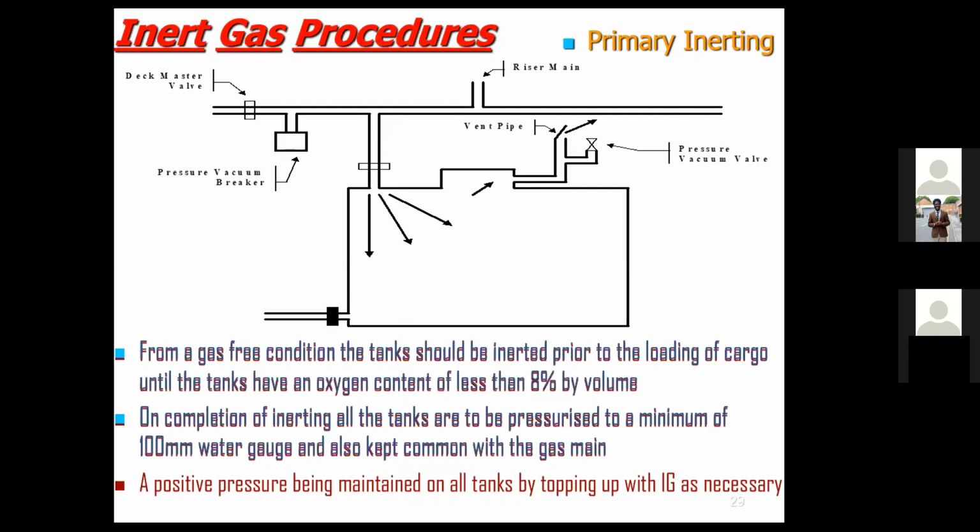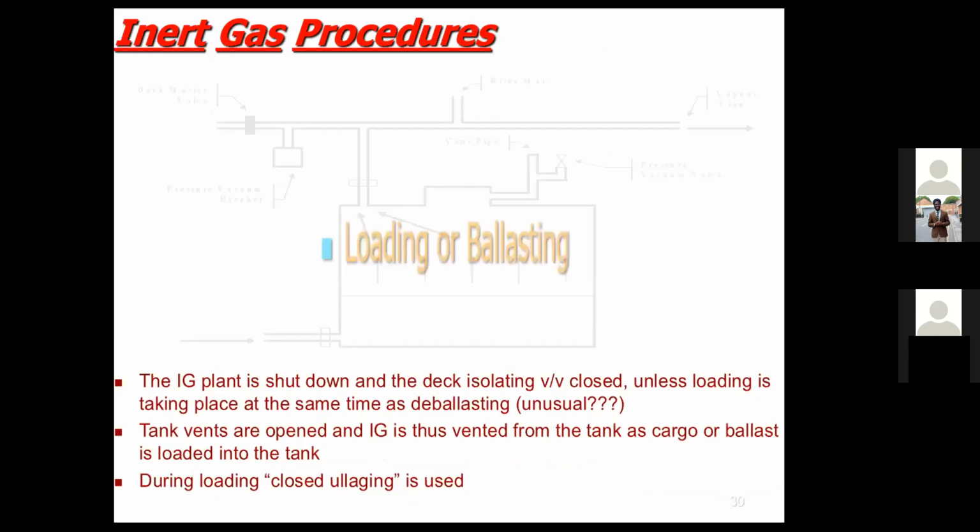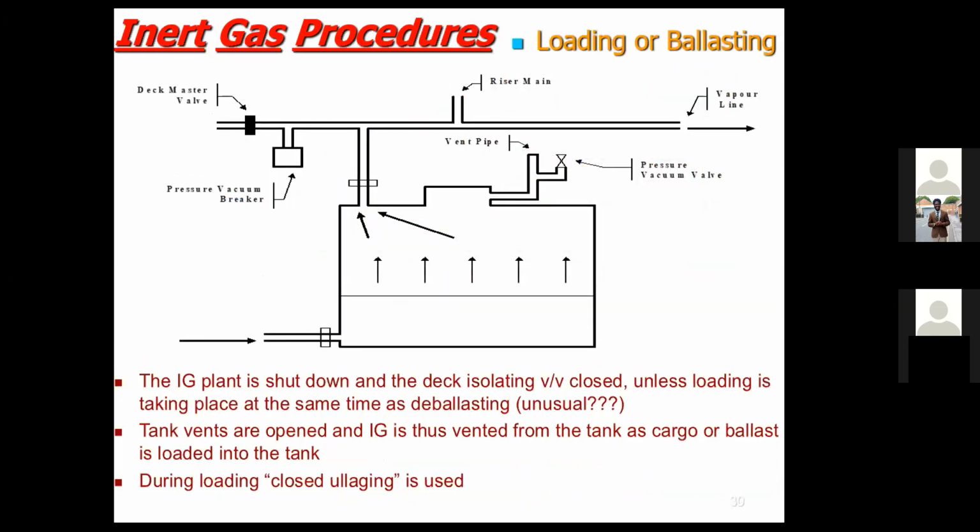So on completion of inerting, normally you need to leave the tank with a positive pressure, at least 100 millimeter gauge pressure. It's not like this is a mandatory requirement, but it's a good practice of seamanship.